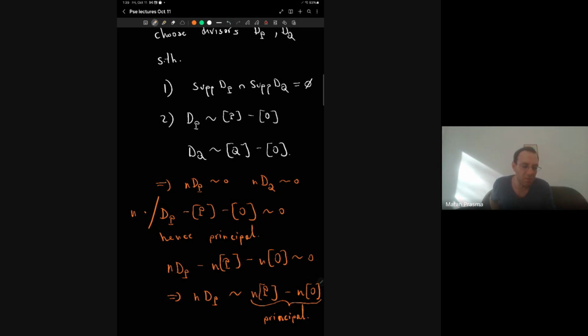This is something you can think of as a formal issue, but there is a subtlety. Why can't I choose dP to be equal to P minus O and dQ to be equal to Q minus O?